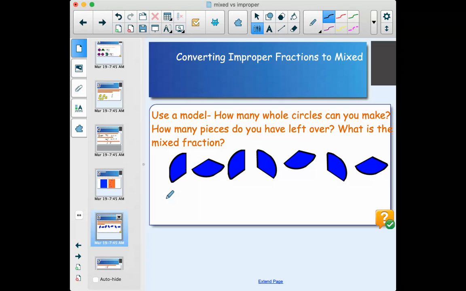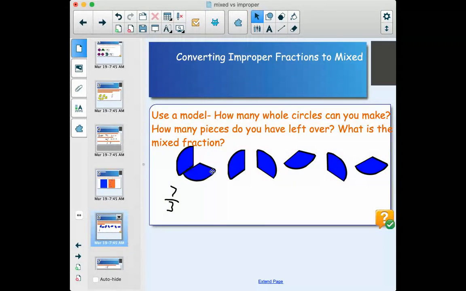Okay, again, the bottom number tells you how big your pieces are. It tells me each piece is 1/3. And top tells you how many you have. I have 7/3 of a circle. And well, if I do a little bit of rearranging to try to get this as a mixed number, I see I can put these together to get a circle.